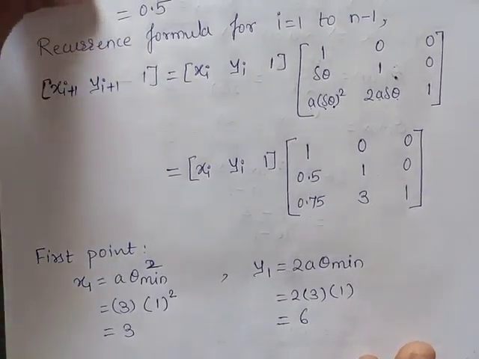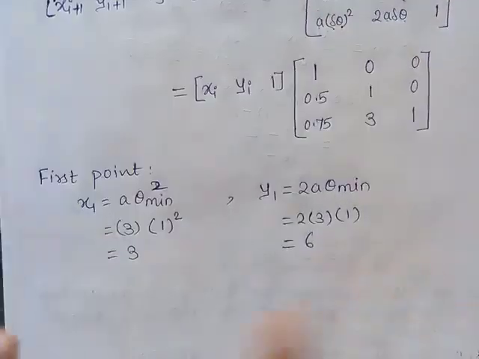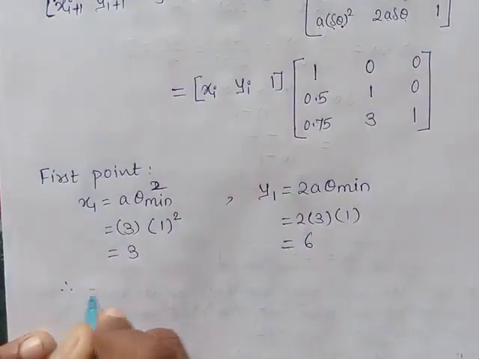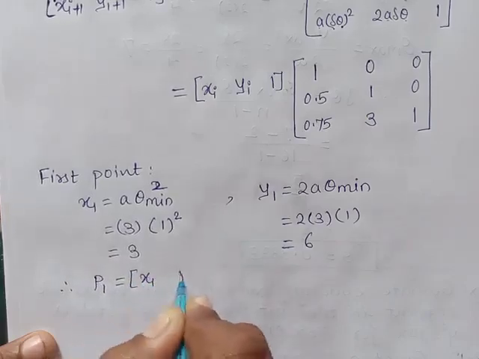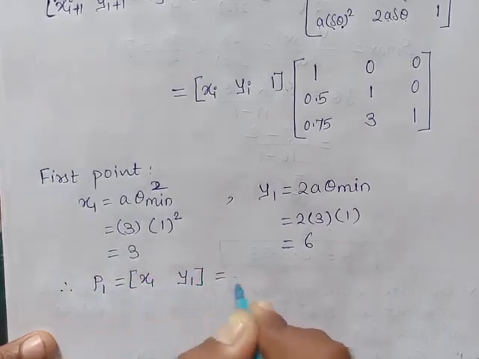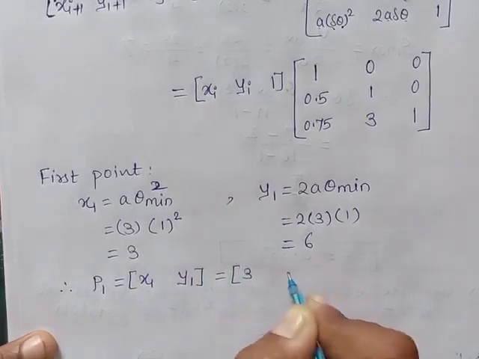Therefore our first point P1 is x1 y1, and that is (3, 6).